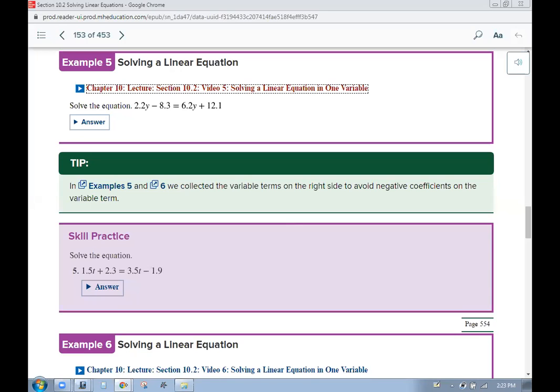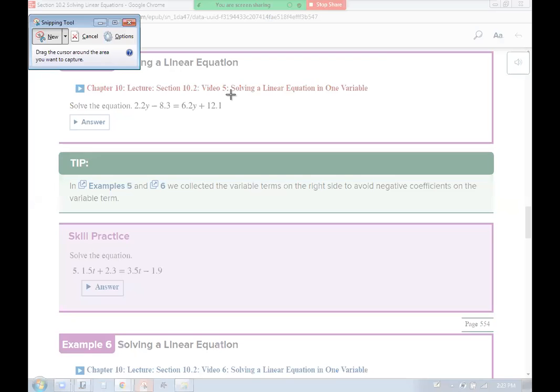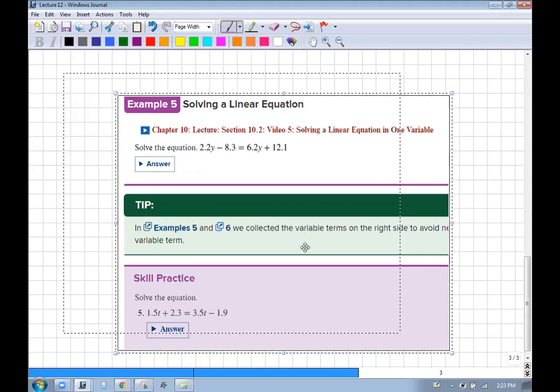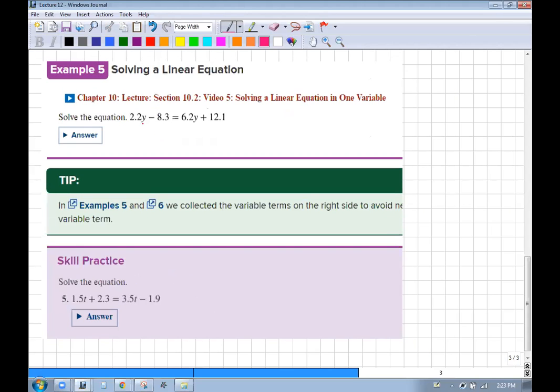Okey-dokey. So let's do these. All right, so we want to solve for y in this case, and there's y's everywhere. So let's get all our y's together. Can we do this one? We've done this one before. That's okay, we could do it again. We need to get our y's all together, so let's subtract this 2.2y from both sides. If we do that, we got a negative 8.3. 6.2 minus 2.2 is 4.